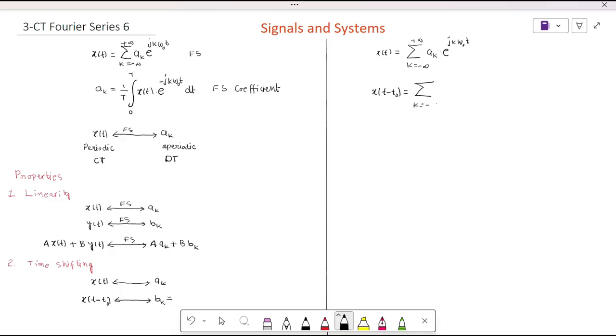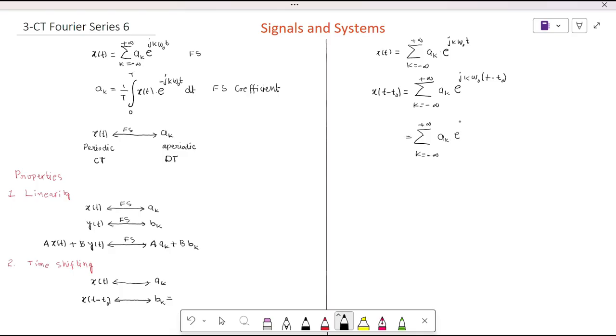So the sum over k from minus infinity to plus infinity of ak into e power jk omega naught into t minus t naught, where t naught is a constant and can be any value.